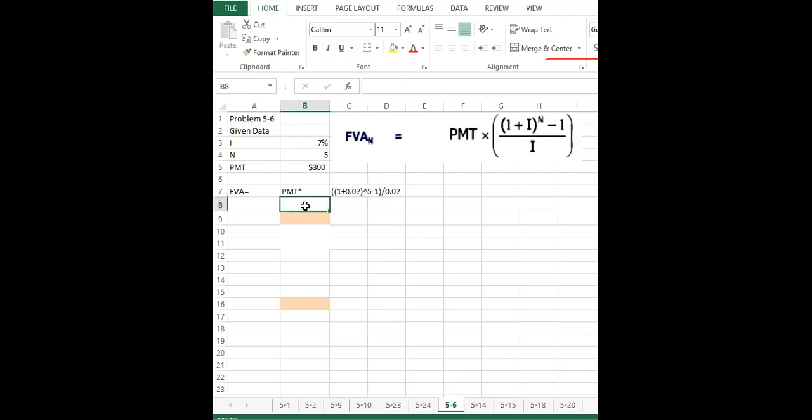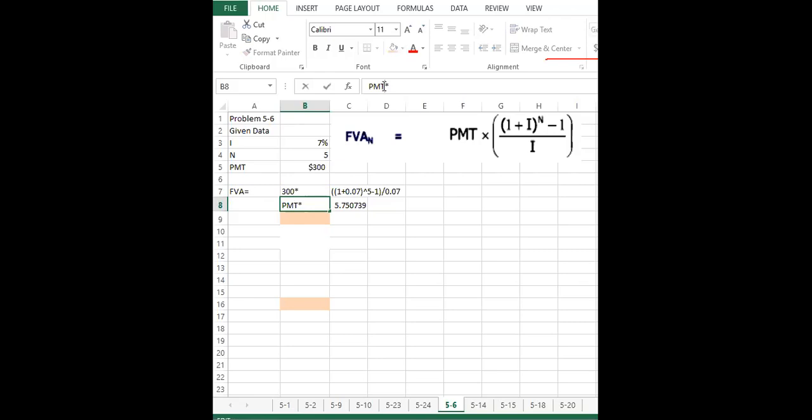So PMT multiplied by factor. Here we are going to calculate the factor. PMT is 300. Okay.